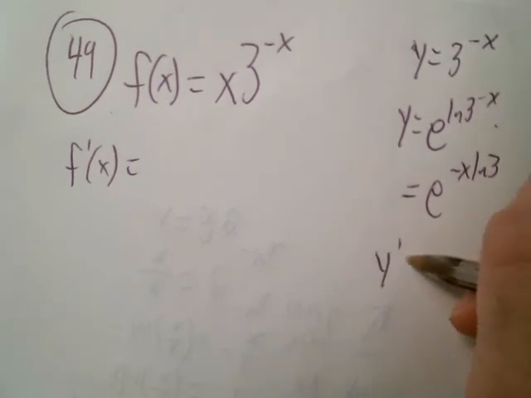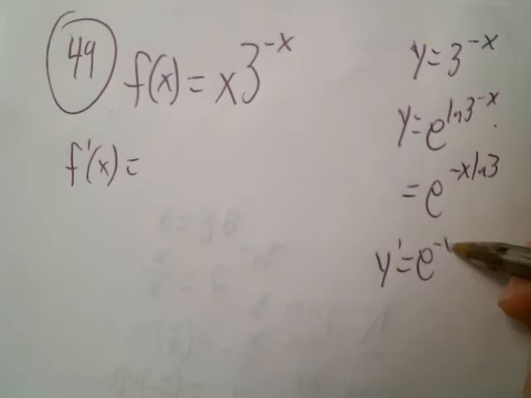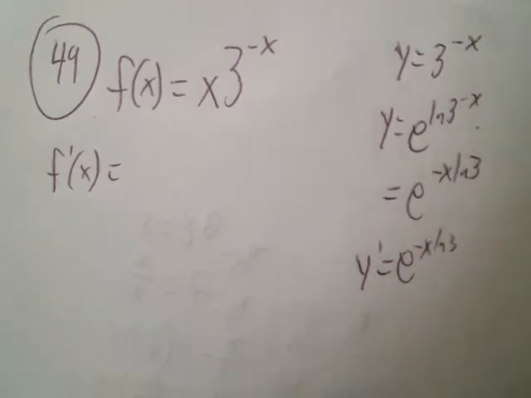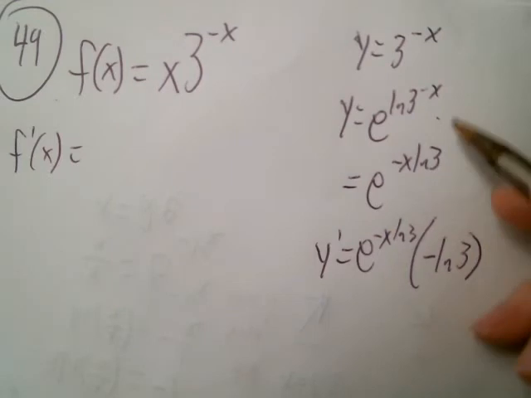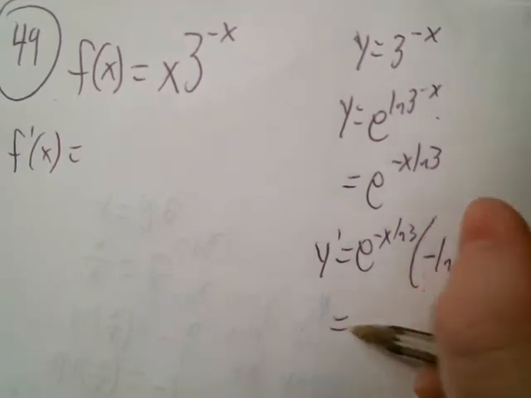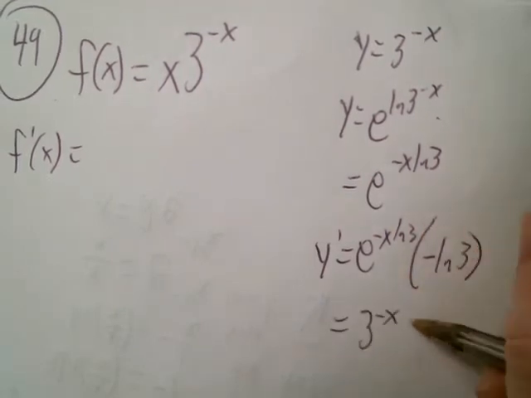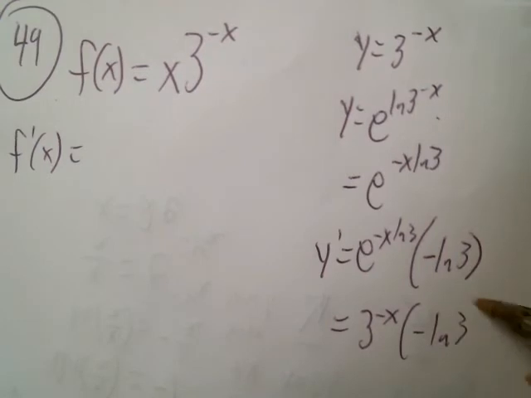And then when you take its derivative, you just get this thing right back. So you get e to the negative x ln 3 times the derivative of the exponent, right? So the derivative of the exponent, in this case, is negative ln 3. Okay? And then this thing right here is just 3 to the negative x. So it'll be 3 to the negative x times negative ln 3.